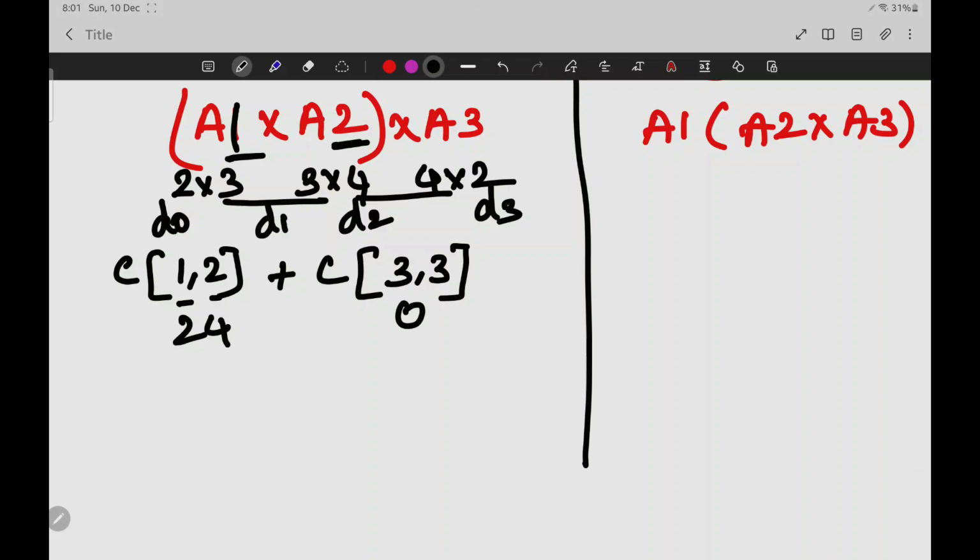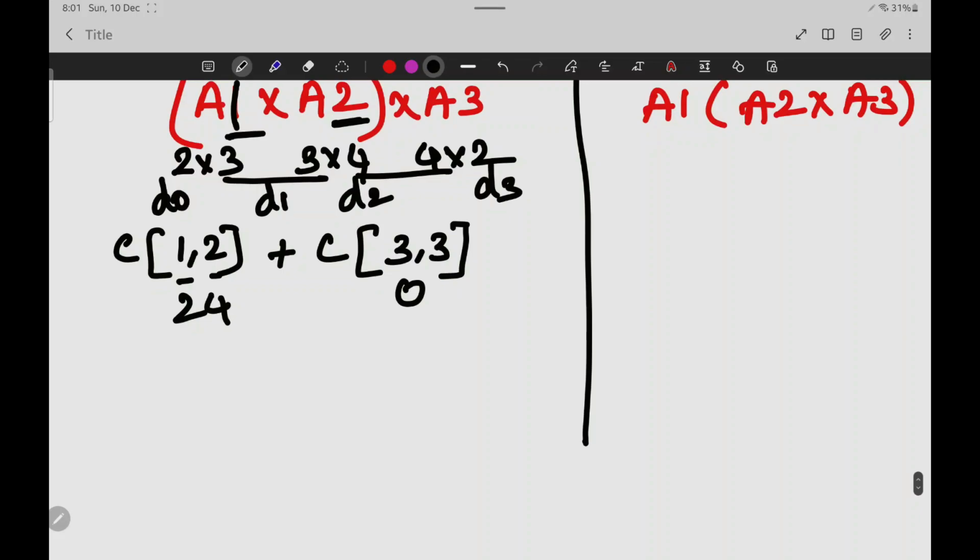So here we will continue. The multiplication we are getting here is 2 cross 3 and 3 cross 4. That is nothing but multiplying the first matrix and the second matrix, and the total number of multiplications is 2 into 3 into 4, so the total is 24.